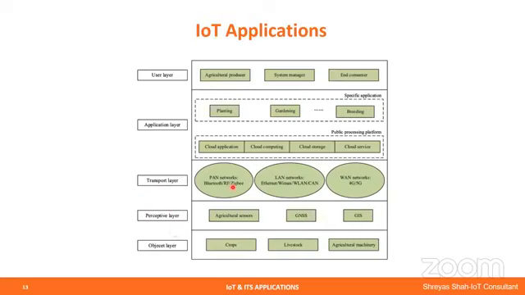So the sensors have modules like Bluetooth, Zigbee, RF modules. These need to be connected to a LAN or WAN, that is a local or global network, using Ethernet or Wi-Fi or CAN.